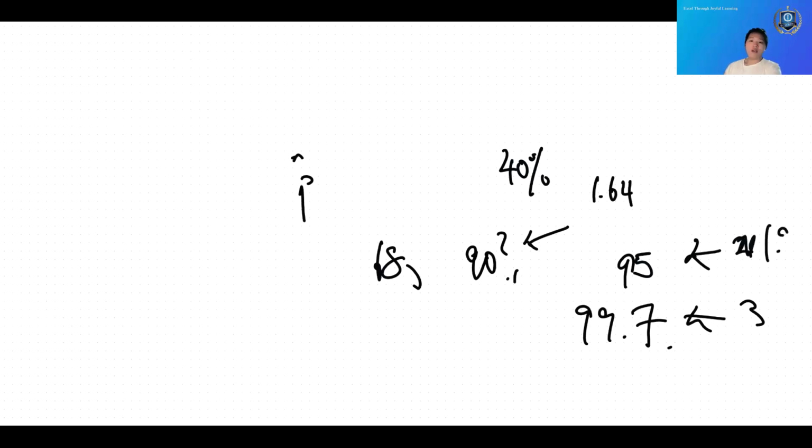And then you have your 99.7, which is 3. And then your 90, I'm not sure about that. I do recall it being 1.64, but that might not be correct. So don't take my word on the 90, but they wouldn't ask you for the 90 unless they give it to you.